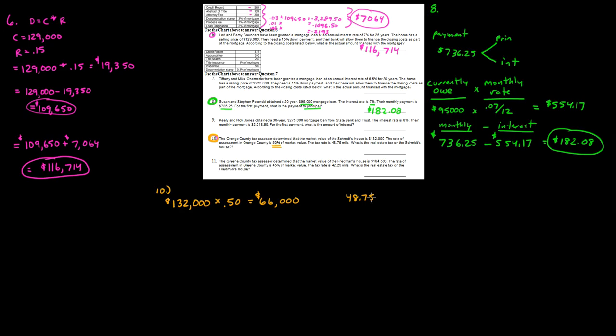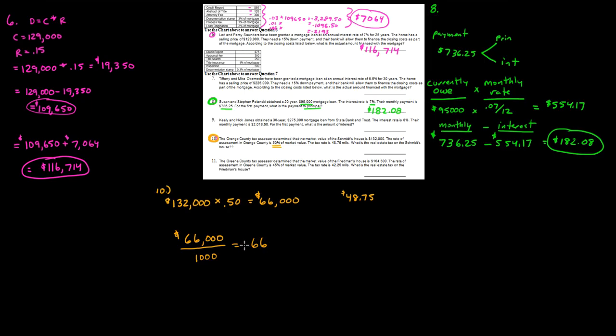So that means I pay $48.75 for every $1,000 in assessed value. So if I have a $66,000 assessed value and I divide that by 1,000, that tells me how many thousands I get assessed.